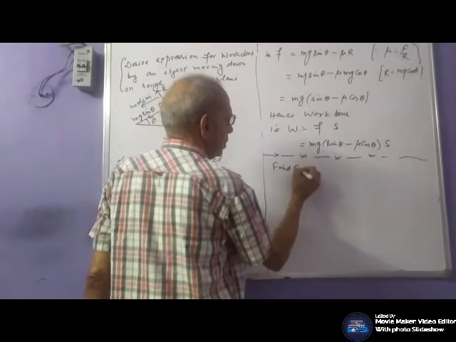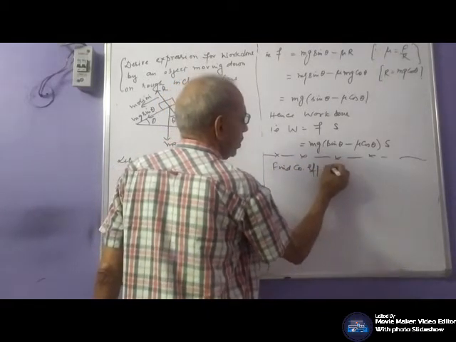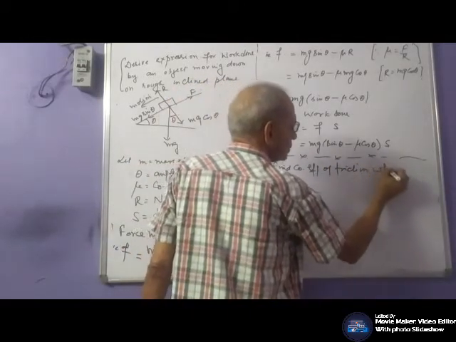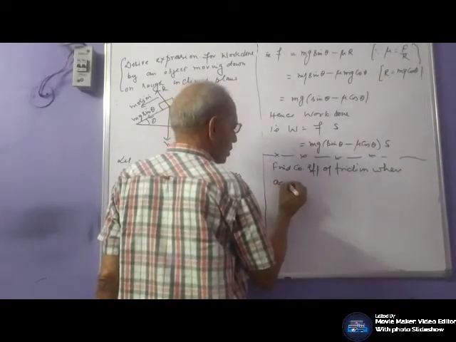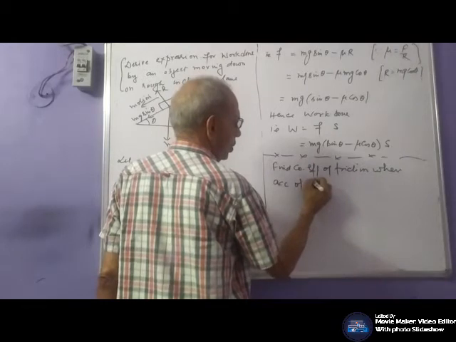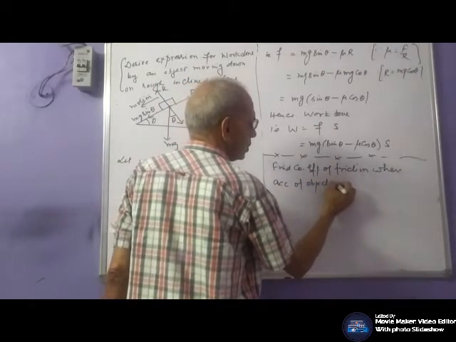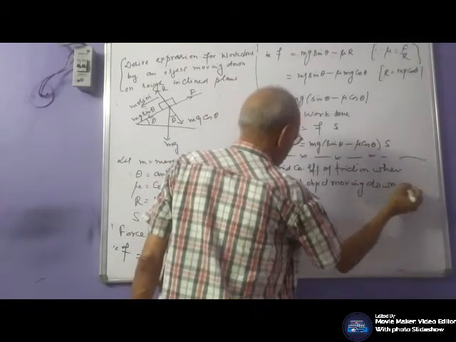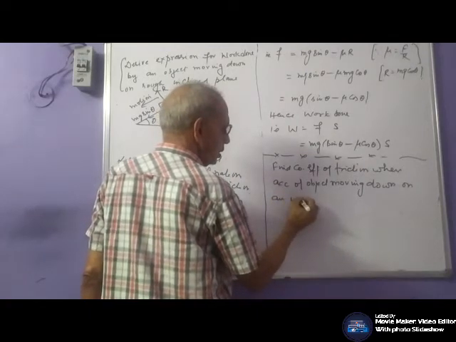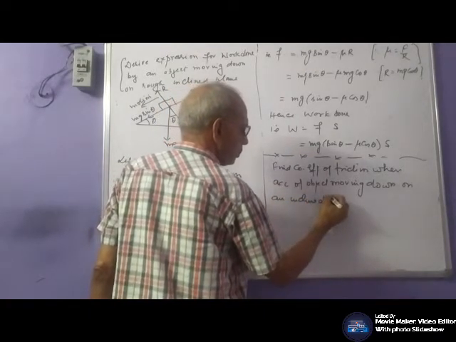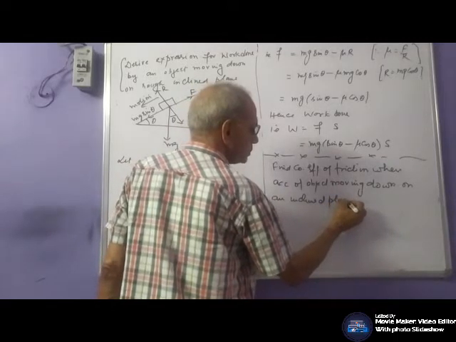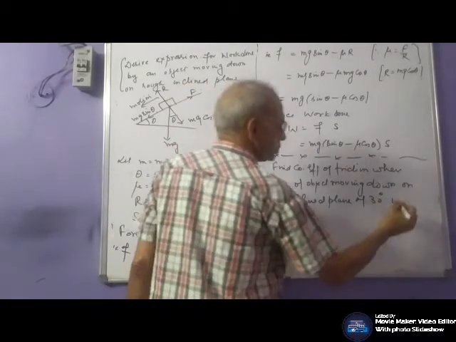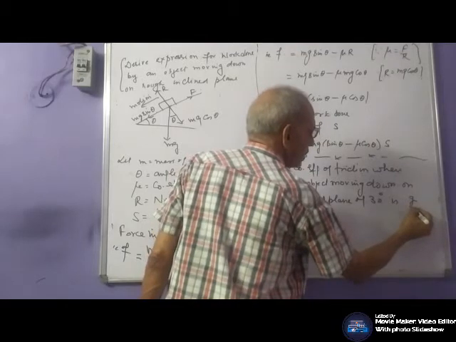Find coefficient of friction when acceleration of object moving down on an inclined plane of 30 degree is g by 4.